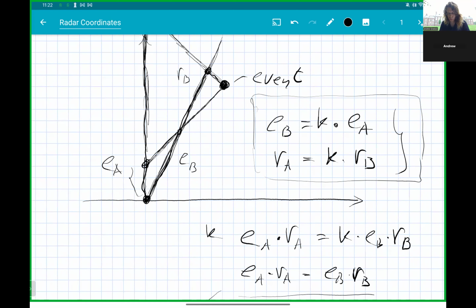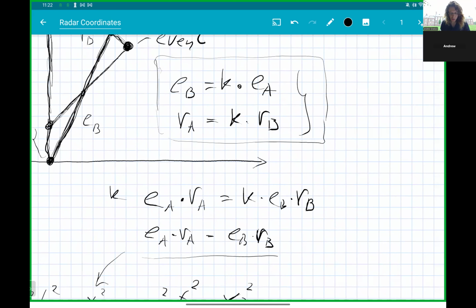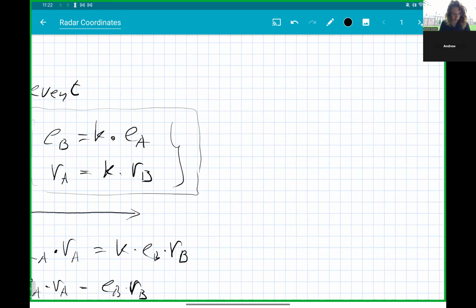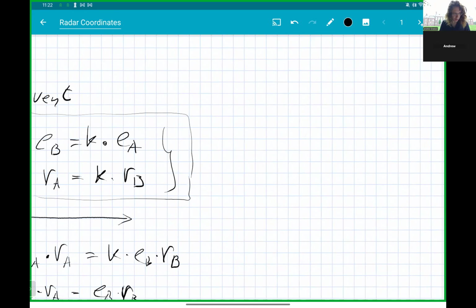Now I'll show you how to obtain the Lorentz transformation. It's basically these equations. We just write them down in standard coordinates, right?